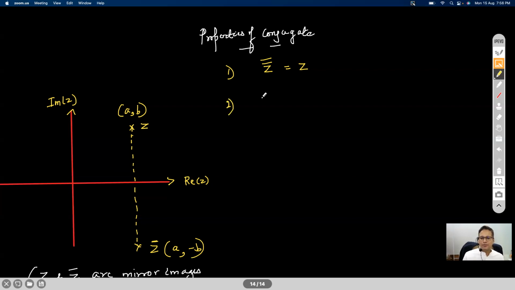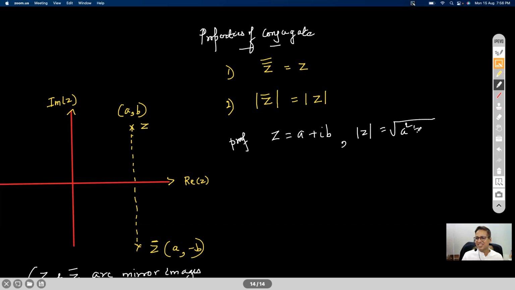Second property: the modulus of the conjugate is the same as the modulus of the complex number. Very obvious. If I give you a plus ib, the modulus is under root of a square plus b square.